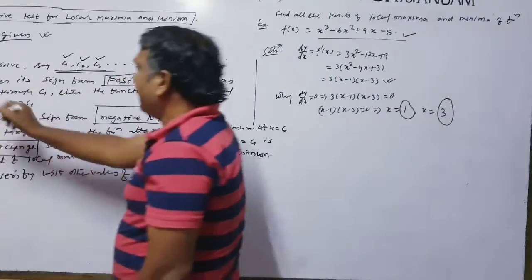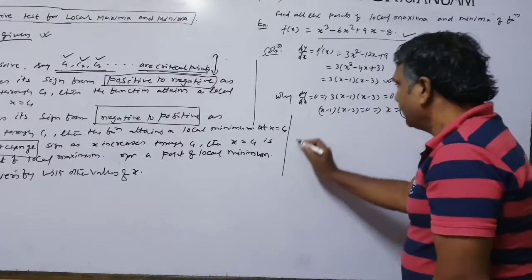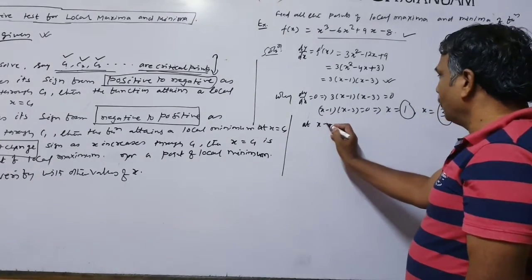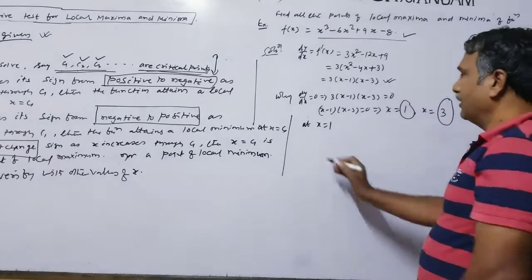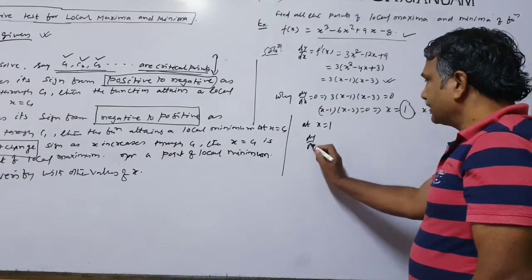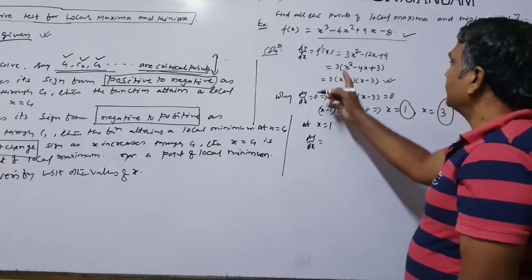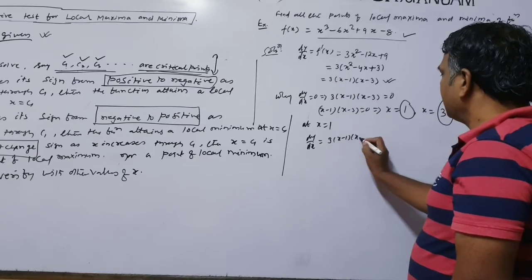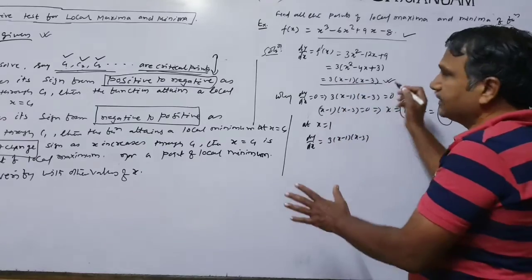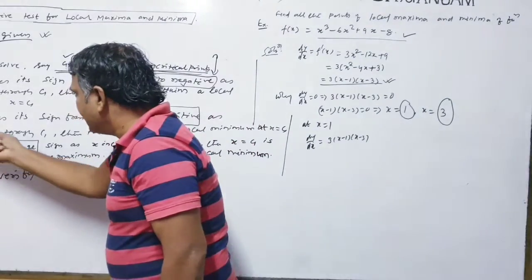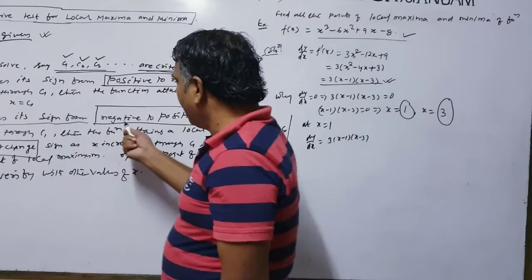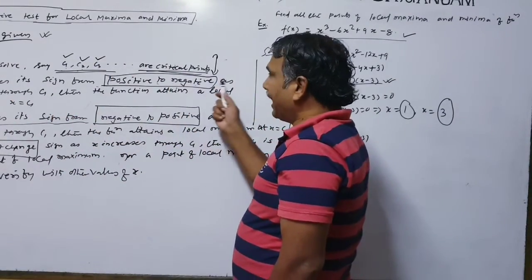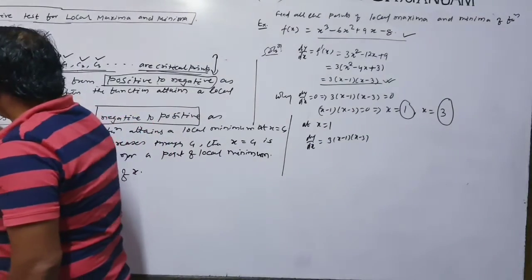Now let us check dy by dx at x equal to 1. Here dy by dx equals 3 into x minus 1, x minus 3. Does it change its sign from positive to negative as x increases?